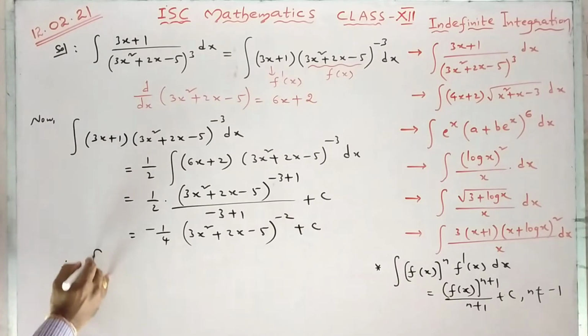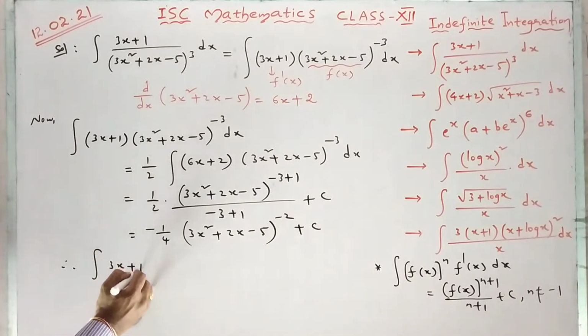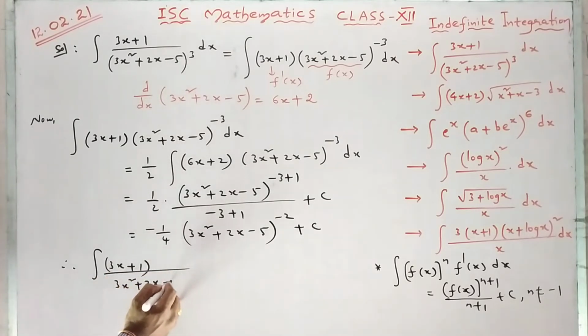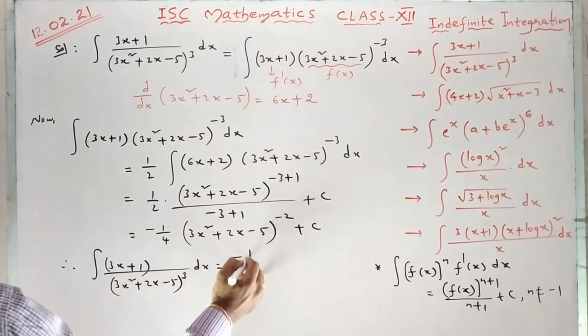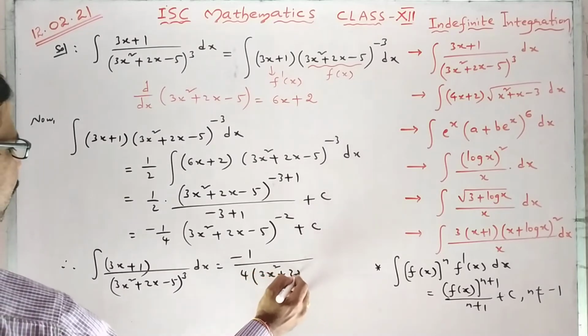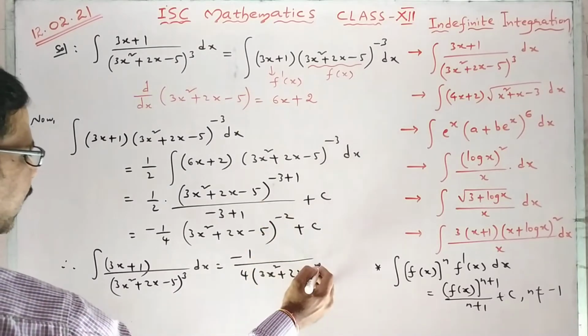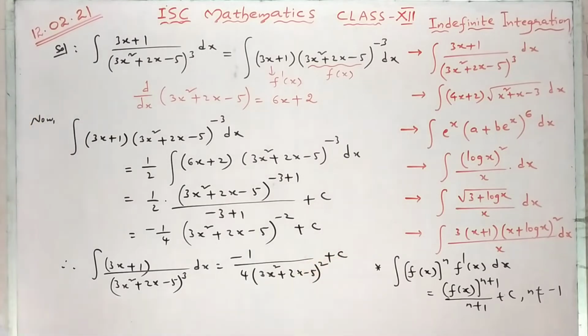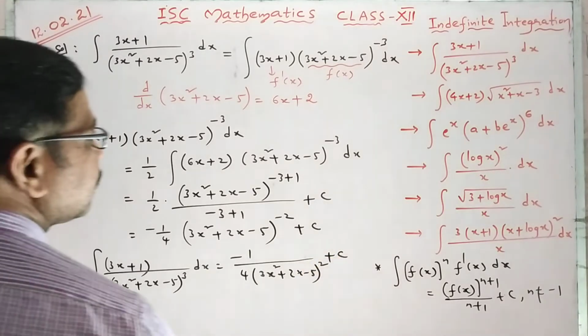So therefore I can write integral of (3x plus 1) upon (3x square plus 2x minus 5) whole cube dx equal to minus 1 by 4 of (3x square plus 2x minus 5), bring minus 2 down, plus c. That is the final answer.